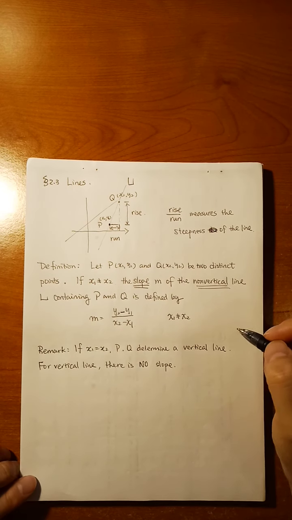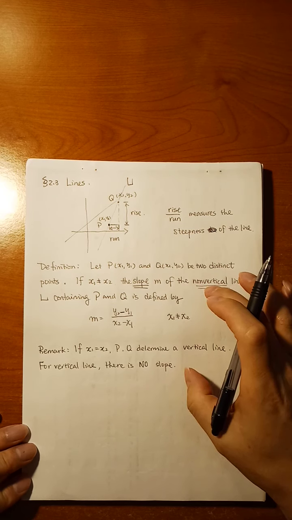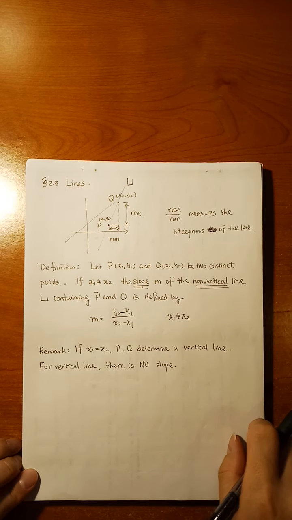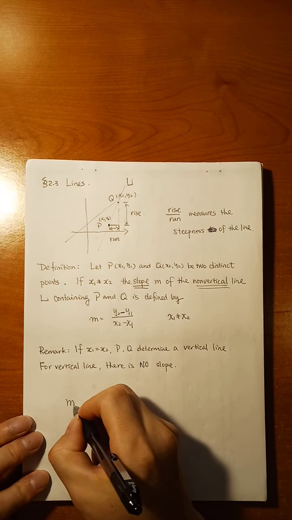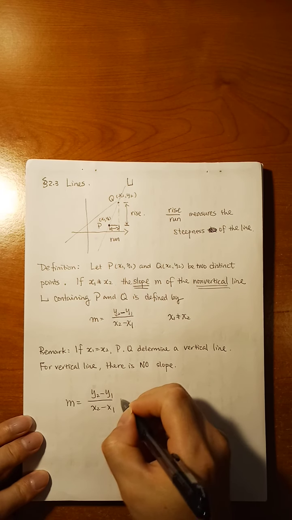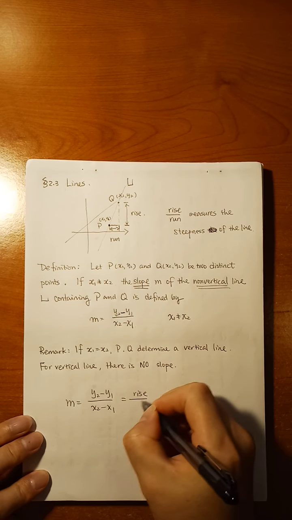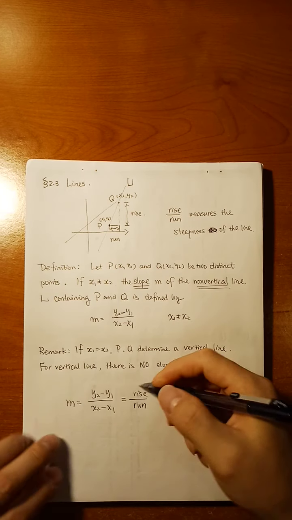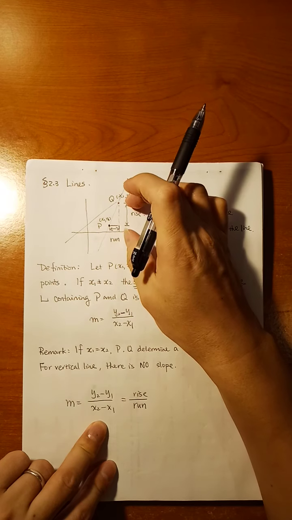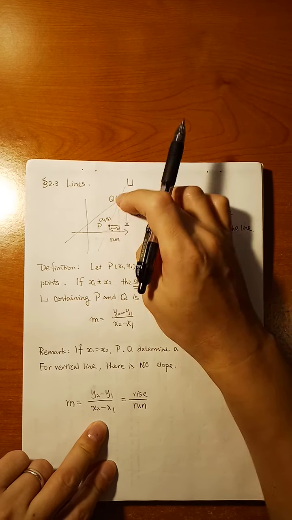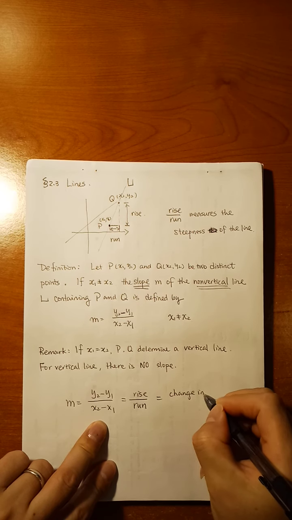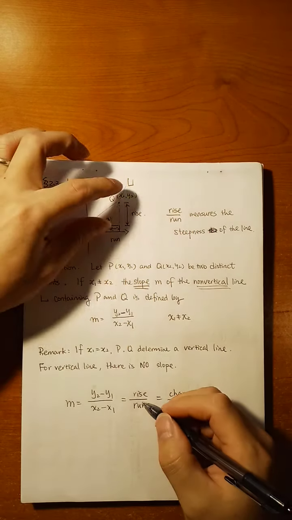What is a slope? Right after the definition in the textbook, there is some explanation. Remember that the slope is y2 minus y1 over x2 minus x1. It's the rise over run. And y2 minus y1, you can consider it as the difference or the change in the y direction. Rise is a change in y.